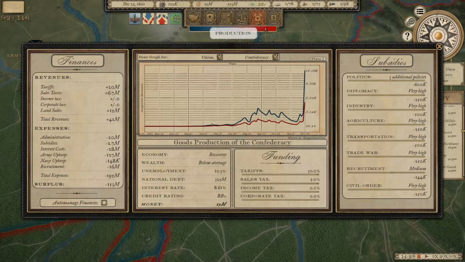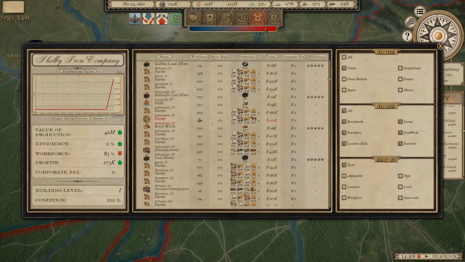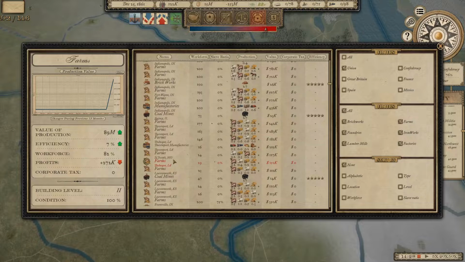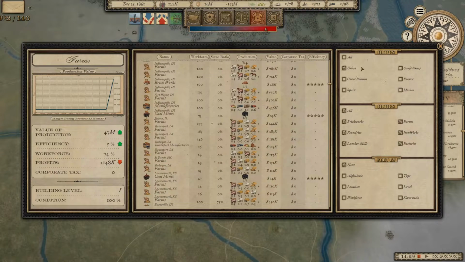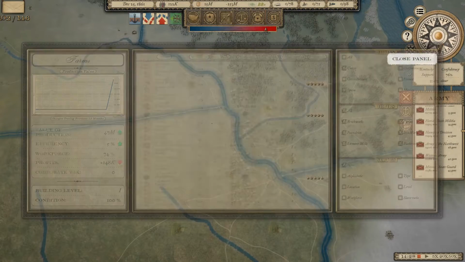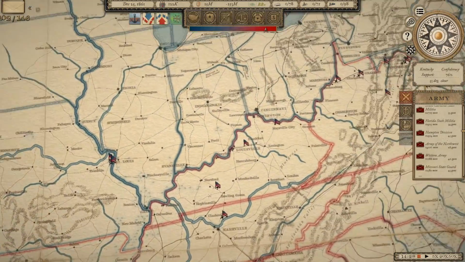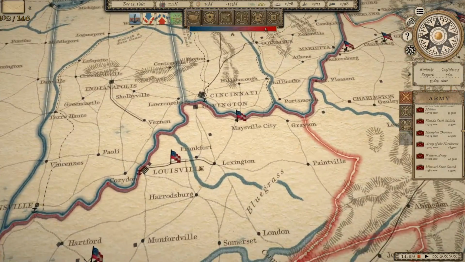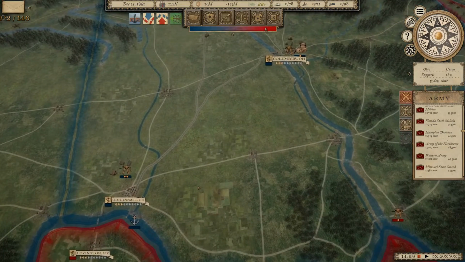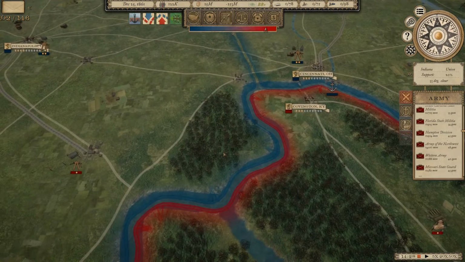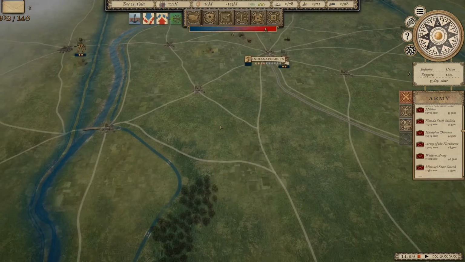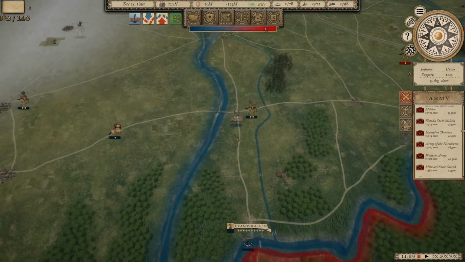But the point on the map is that when you're looking at production, if you can go through here and see any sort of bottlenecks they have in terms of resources, then you can use the raiding ability if you have armies near where those are produced. I'm looking for an example, and of course now that I'm looking for one, I'm not going to be able to find it.